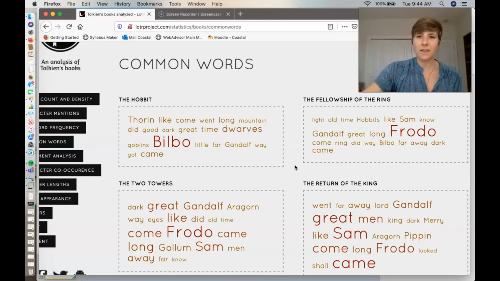So in class, some things that you all noticed looking at this particular graph is first how many names we see here. Again, indicated by capital letters, right? So we've got Bilbo, Frodo, Frodo appears a lot. We've got Sam, who appears a couple times, Gollum, Gandalf, Aragorn shows up a couple times, Pippin, Merry, and this is looking across all 4 of these books, right?